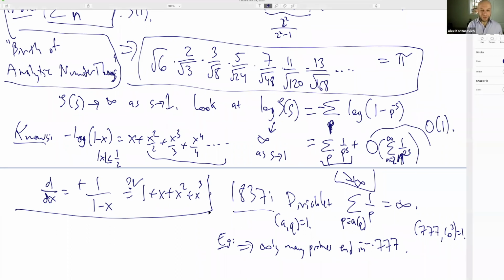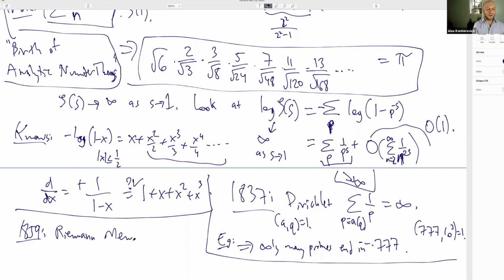Okay, so that was Dirichlet, and then we're going to get to 1859, where Riemann's memoir on zeta introduces the Riemann hypothesis, and 1896 is when progress towards the Riemann hypothesis is proved. This is Hadamard.